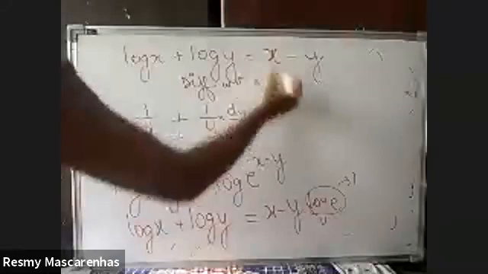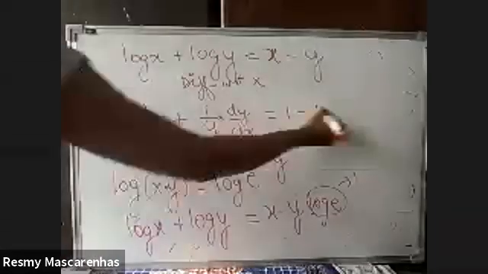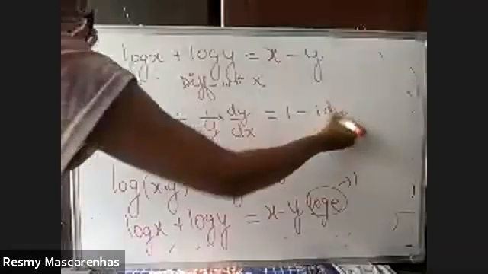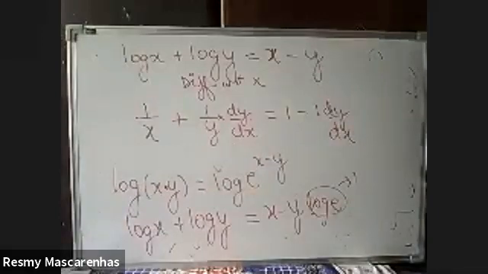Same way, the derivative of x is 1. The derivative of y will also be 1, but extra dy by dx. If you forget to write that extra dy by dx, the entire problem will go wrong. So the moment you come across y, always remember to put dy by dx.